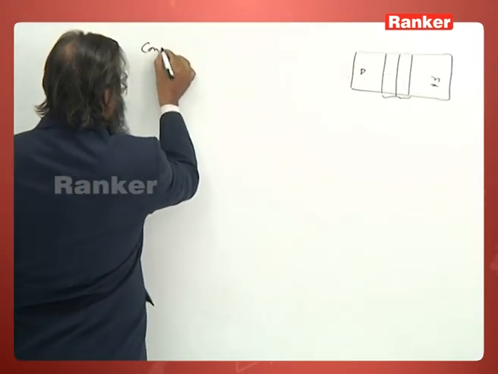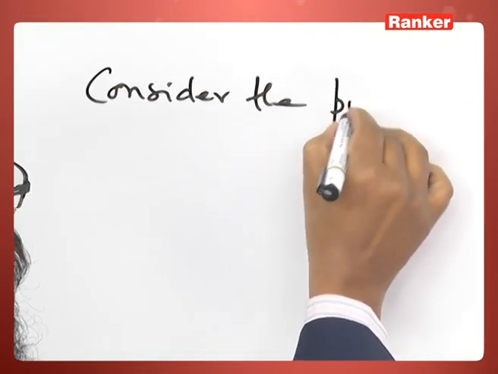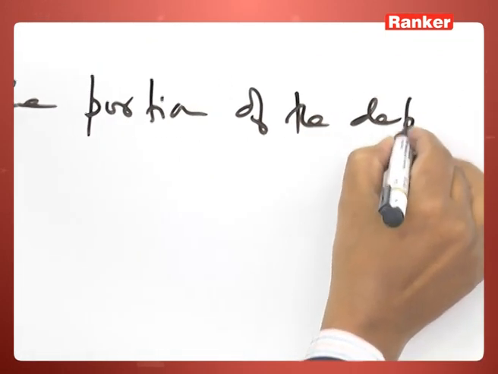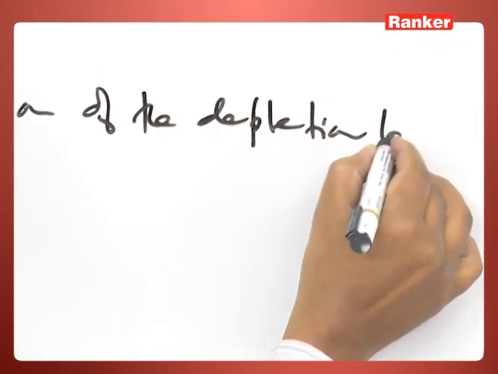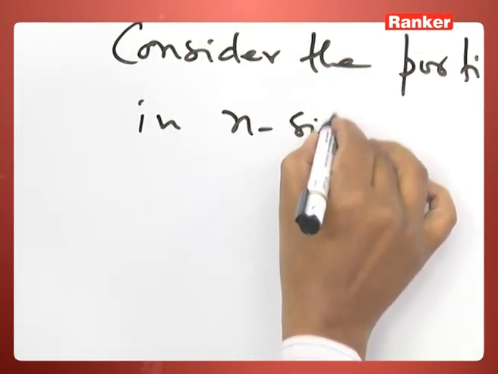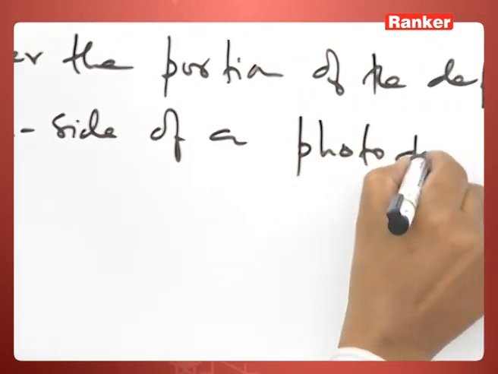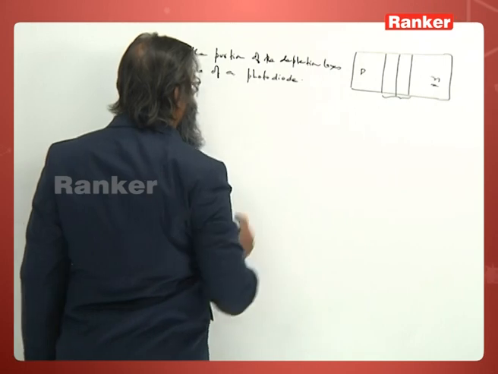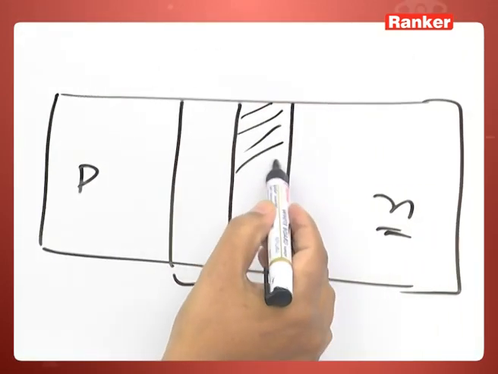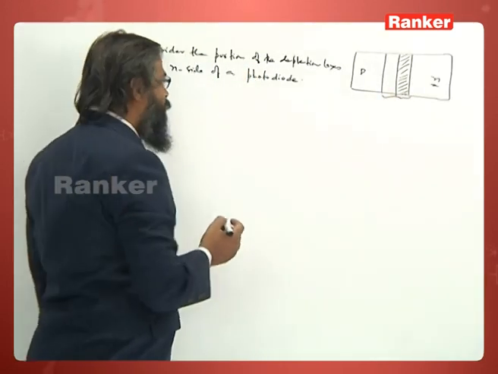Consider the portion of the depletion layer in N side of a photodiode. That means I am considering this shaded portion. So, what happens in the shaded portion?